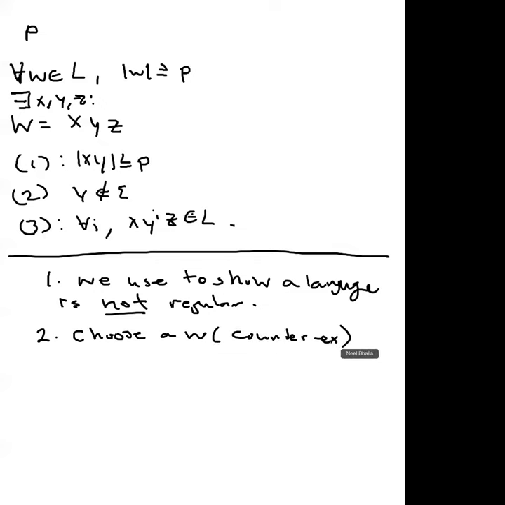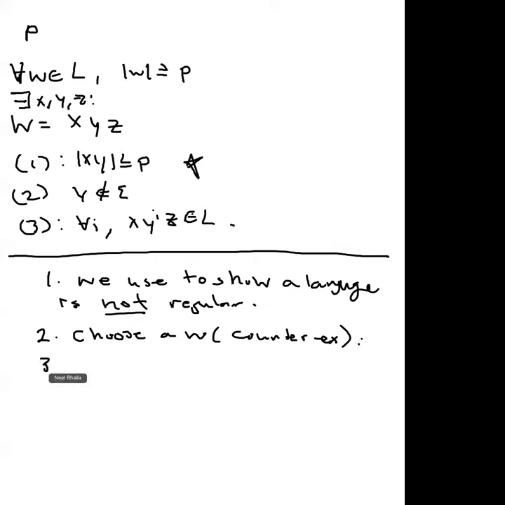We recommend that you choose something that is variable in length of P, because in order to use property number 1, you're going to want to talk about the first P characters. So if your word isn't even a function of P, it's not going to be easy to talk about what the first P characters actually are.